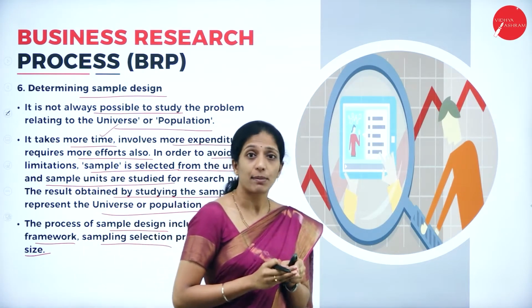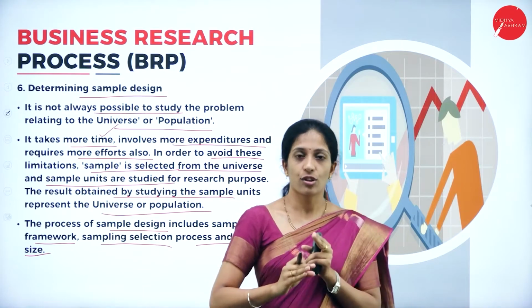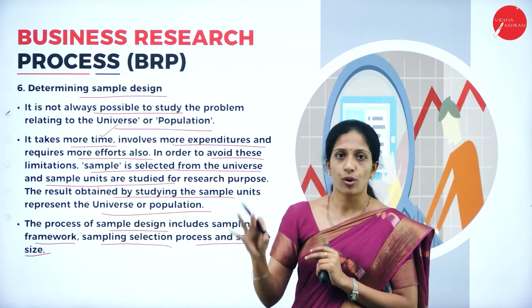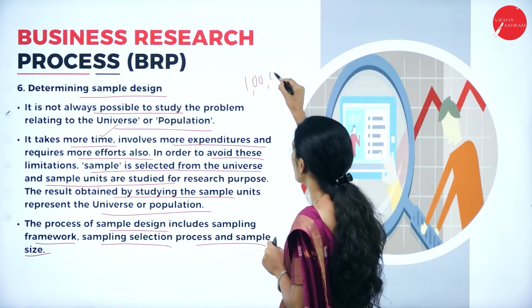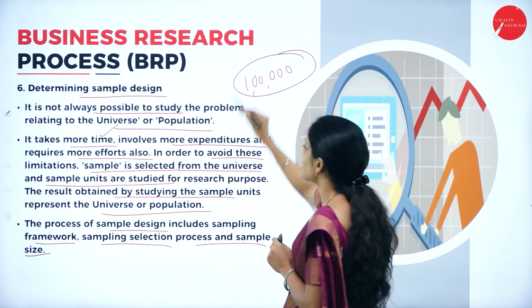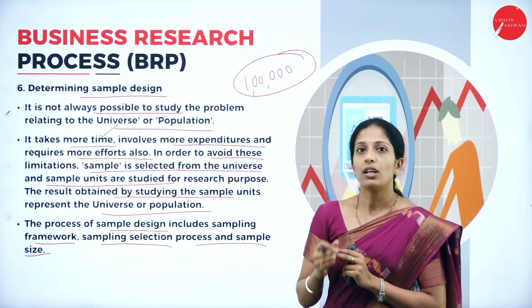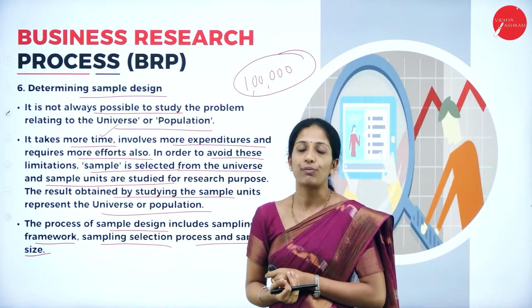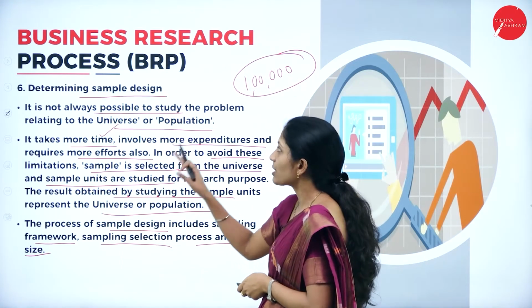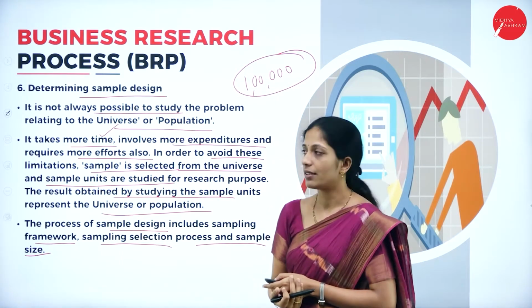Instead of going through the whole universe, we can collect the information from 1 lakh respondents. So this 1 lakh will be the sample size, and this sample will represent the whole universe or population. This is how the sample design is determined.